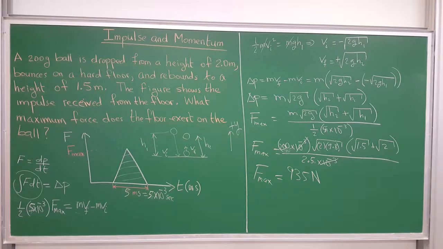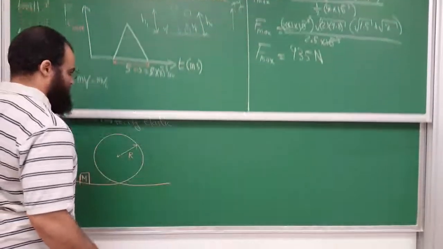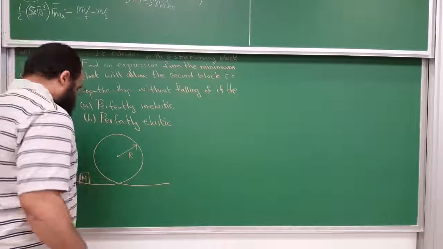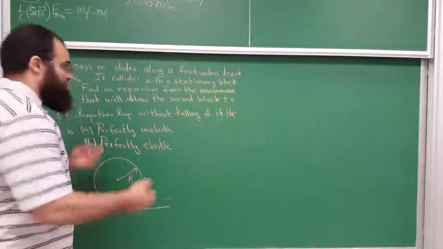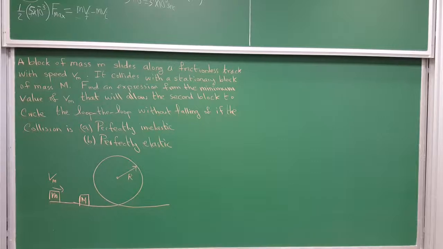Now, let's look at the next problem. We'll read it together, and then I want to do some bookkeeping work, and then we'll actually get to the problem itself. So let's read it. It says, a block of mass m slides along a frictionless track with speed Vm.